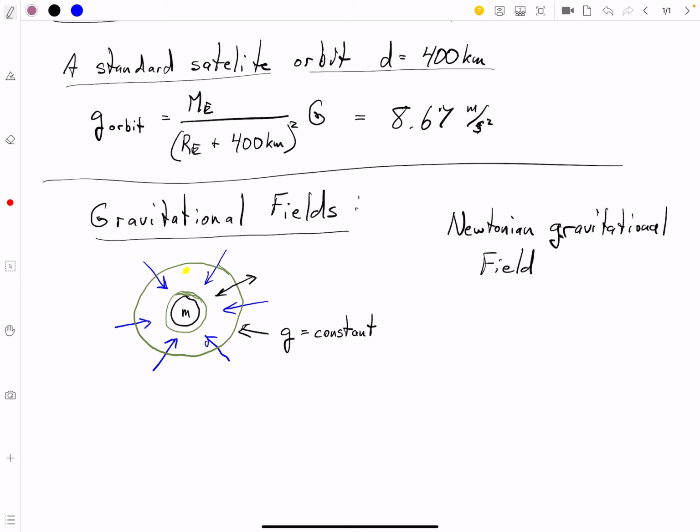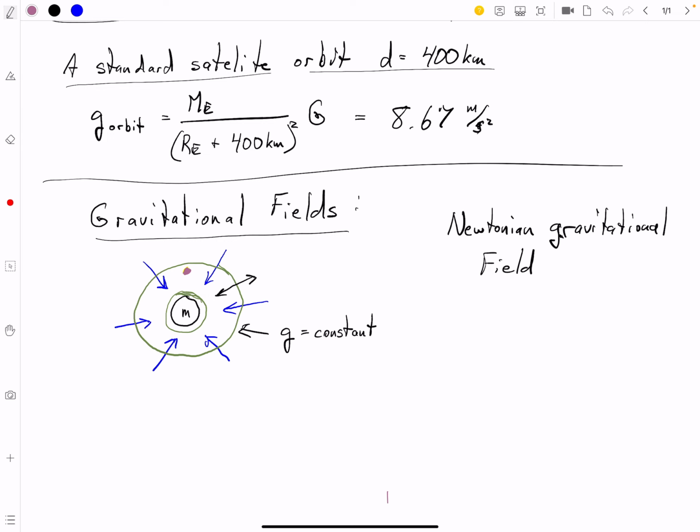I don't know what color this is, but I'm going to put that object right there. I'm just placing it, okay? It's a placed object. It has nothing to do with anything, but I'm putting that object there. That object is going to be drawn toward the mass, the main mass in the middle, okay?